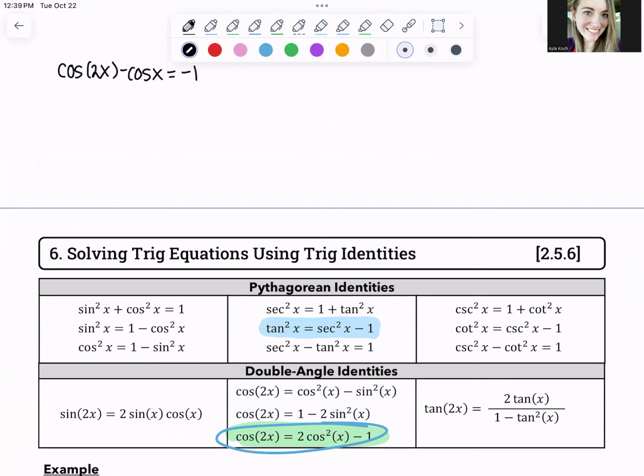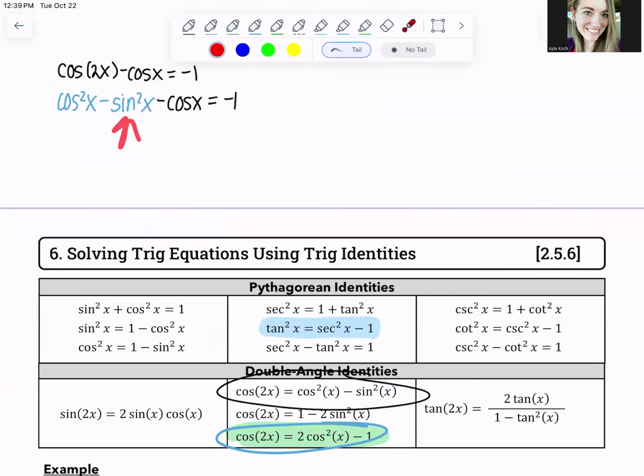Well, let's say you made the choice to do this: cosine squared x minus sine squared x. If you had done that, you would have cosine squared x minus sine squared x minus cosine x is equal to -1. And you would have said, okay, well now sine squared is a problem for me because I don't want any sine squareds in there. So you would have come back to the drawing board. You would have said, all right, what can I use to get rid of sine squared?